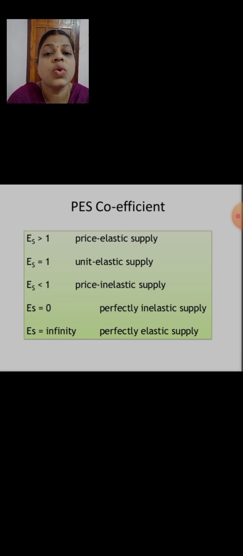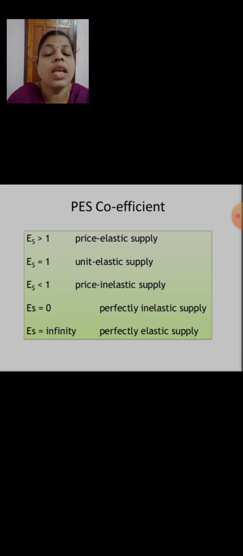What does it refer to? When elasticity of supply is greater than 1, it refers to the percentage change in the supply being greater than the change in the prices. Once again, elasticity of supply is greater than 1 means that the percentage change in the supply is greater than the percentage change in the prices.